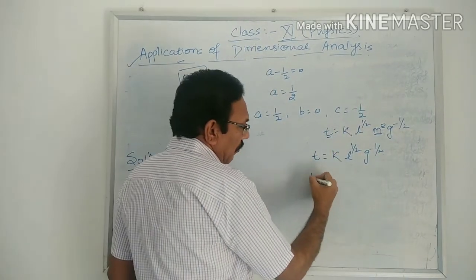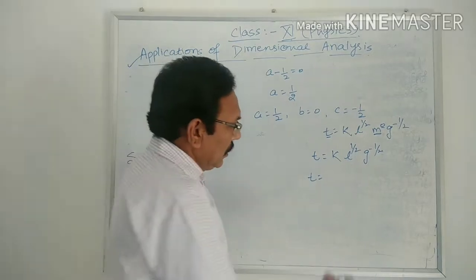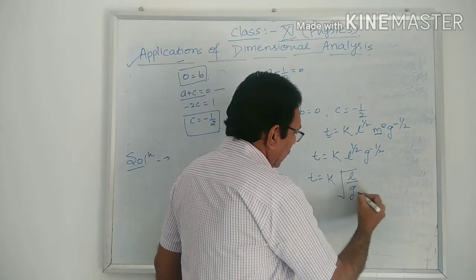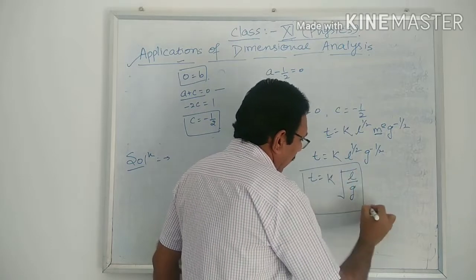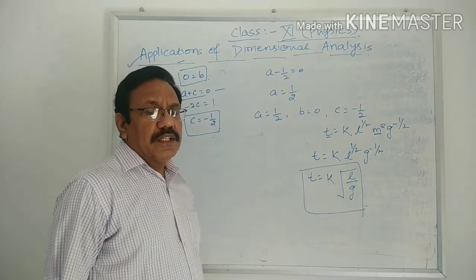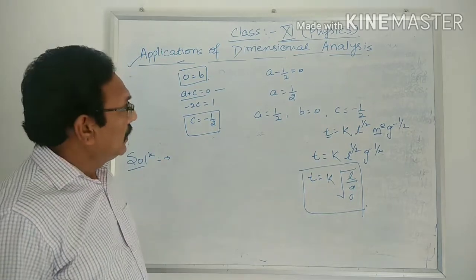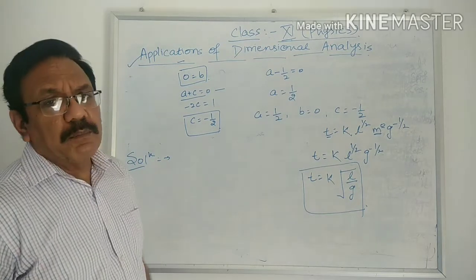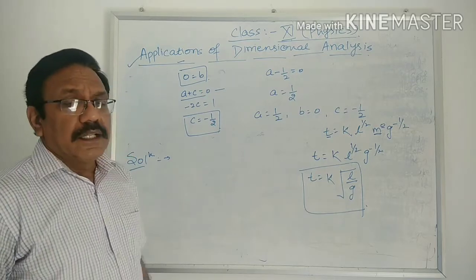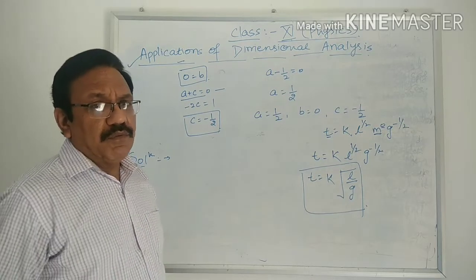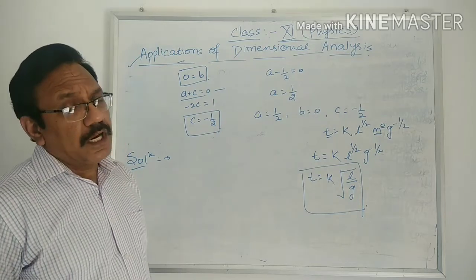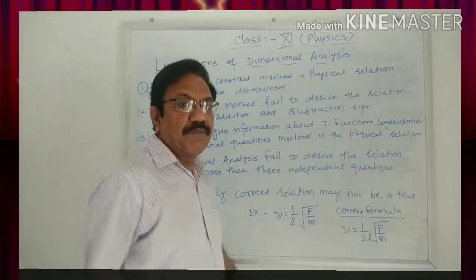So the dependency on mass disappears. So the relation becomes T equal to K root L by G, which is the required expression for the time period of a simple pendulum. In this manner, we can apply the third application of dimensional analysis, that is to derive a physical relation by the use of the dimensional equation and principle of homogeneity.